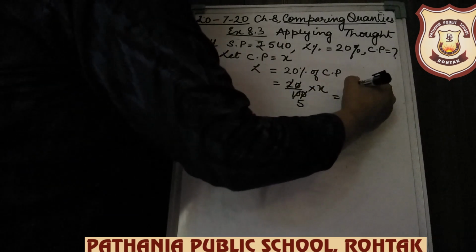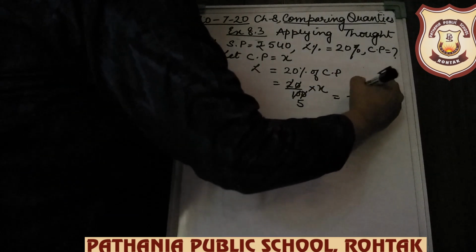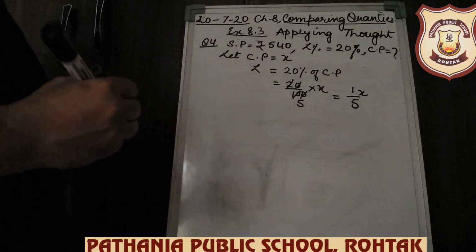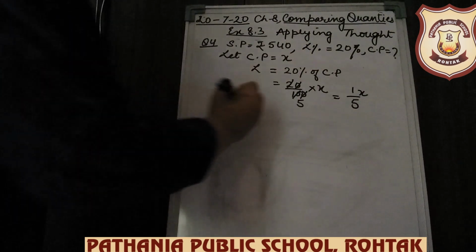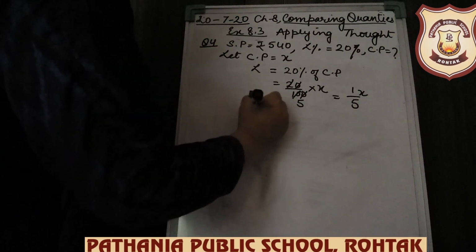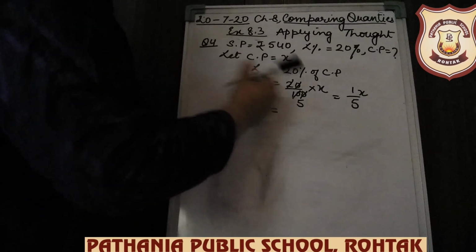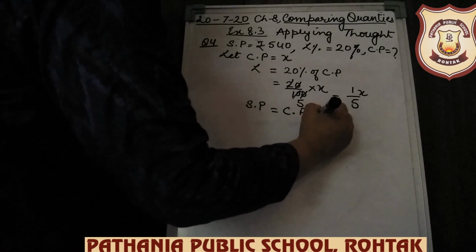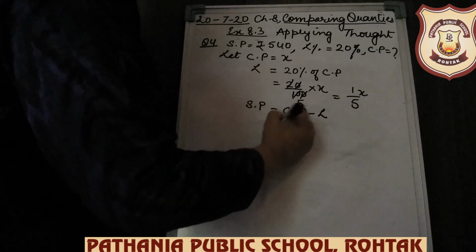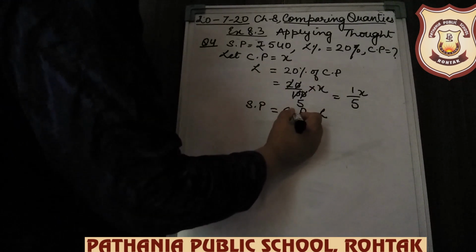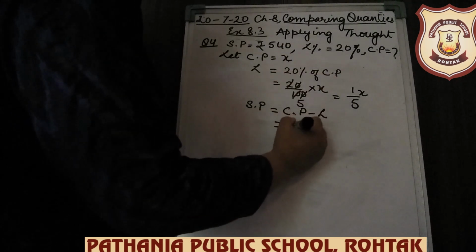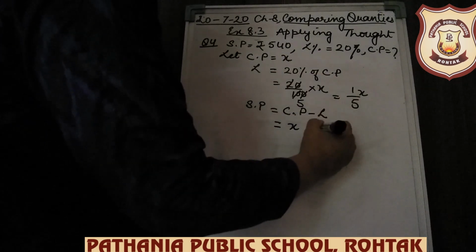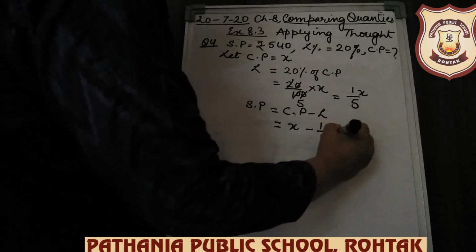So this becomes 1 upon 5 X. Now what is your SP going to be? When loss is there, SP will be smaller than CP. So subtract the loss, which is CP is X, loss is 1 by 5 X.